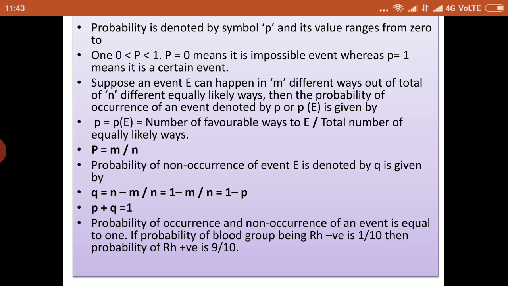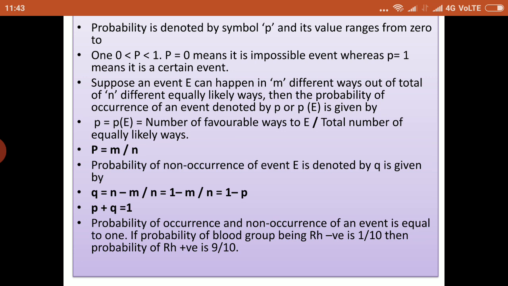Probability of non-occurrence of the event, we have learned this also earlier. Non-occurrence of the event E is denoted by Q, given by Q is equal to n minus m divided by n, is equal to 1 minus m divided by n, is equal to 1 minus P. That's why P plus Q is equal to 1.